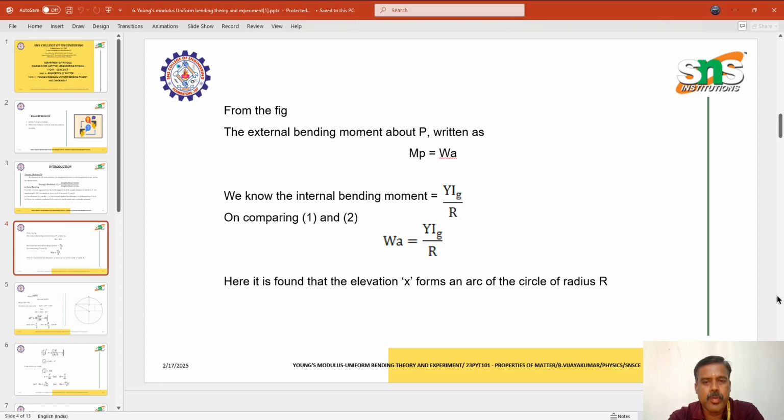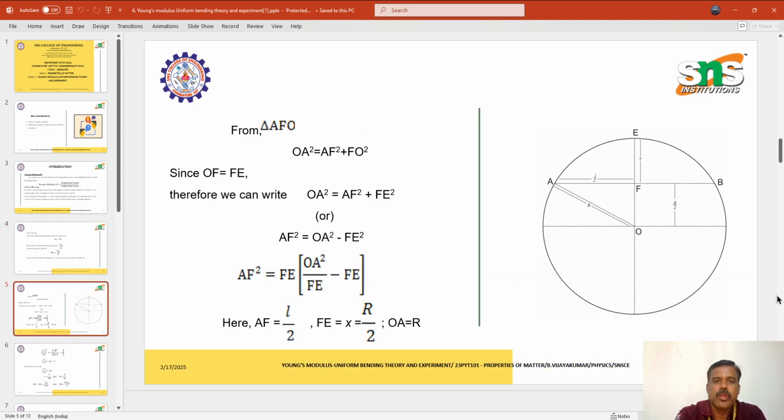Therefore Wa equals YIg divided by R. Here the elevation is found to form an arc of a circle of radius R, at the exact middle of the beam.